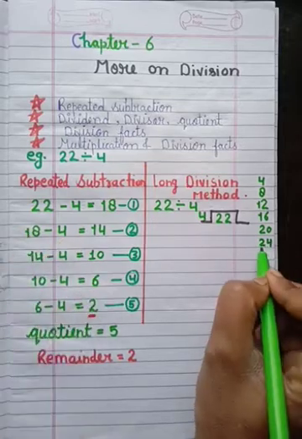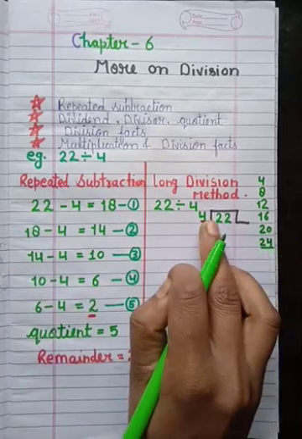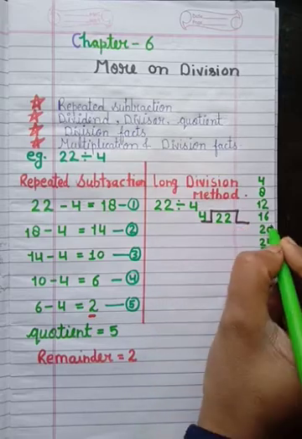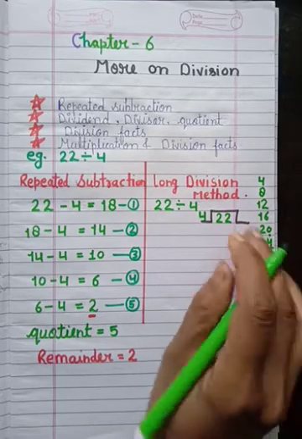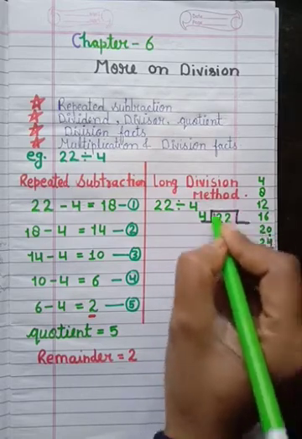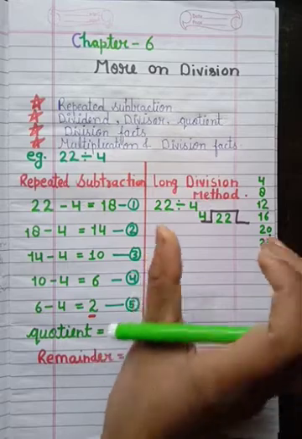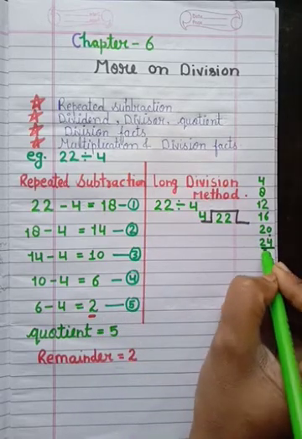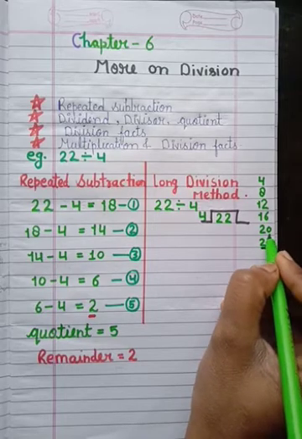But students, 24 is bigger than 22, so it is wrong. 22 4 की टेबल में तो पॉसिबल ही नहीं है कि 22 4 की टेबल में आएगा. एंड 22 जब बिगर है, देन व्हाट वी हैव टू डू, वी हैव टू राइट 20 हियर.